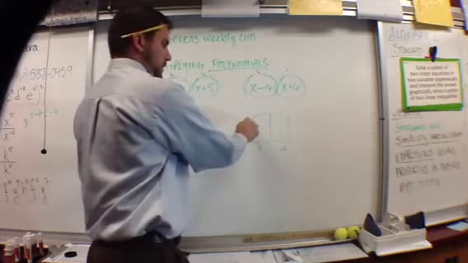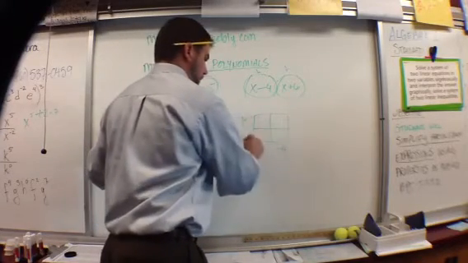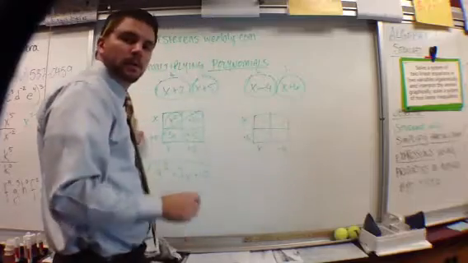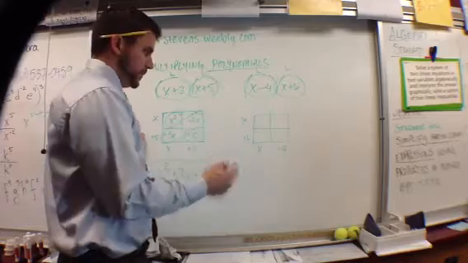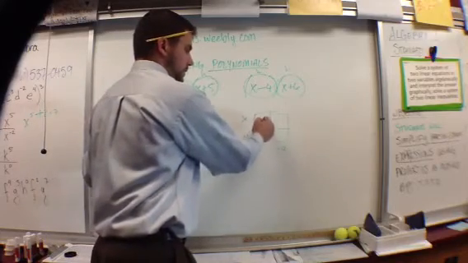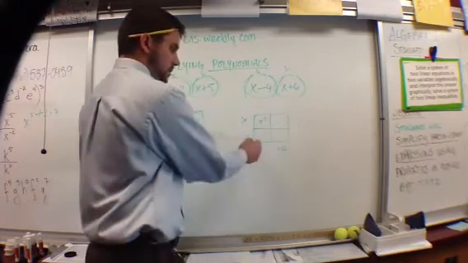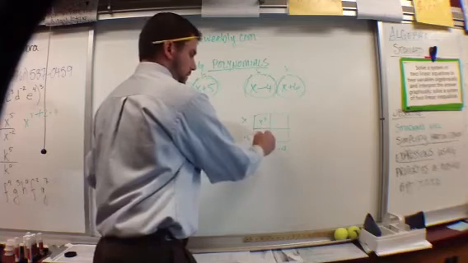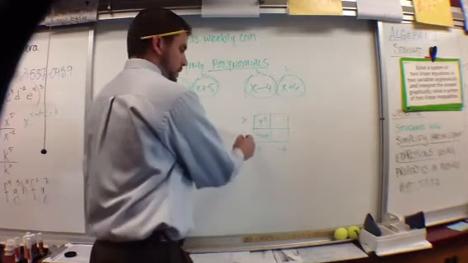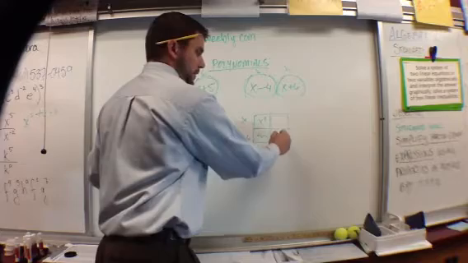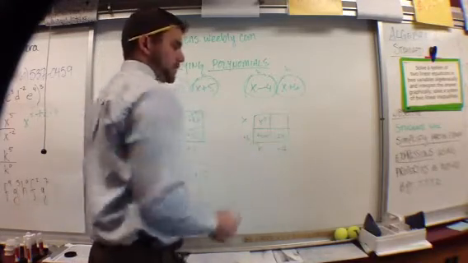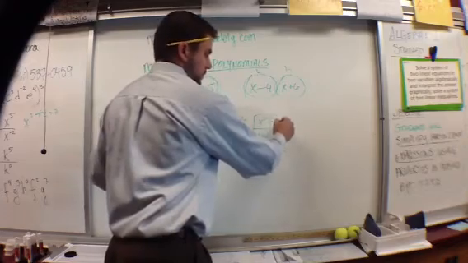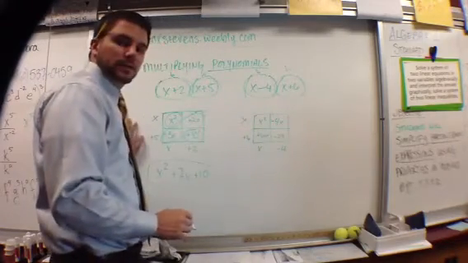Our height is an x and a positive 6. Multiply, find the area of each rectangle inside, and you have your area model. X times x gives me x squared. X times 6 gives me a positive 6x. Positive 6 times negative 4 gets me a negative 24. And negative 4 times positive x gives me negative 4x.